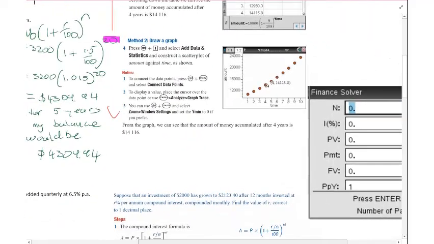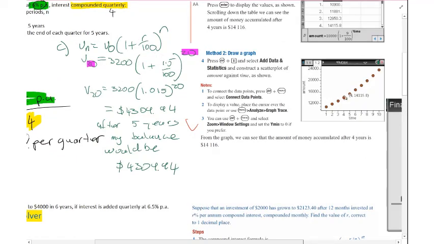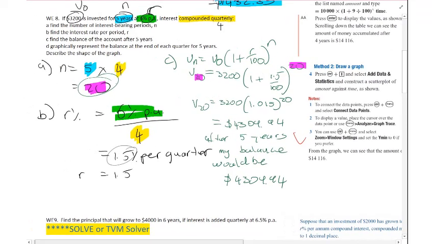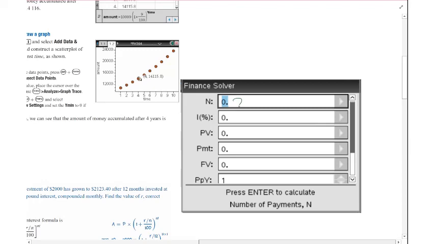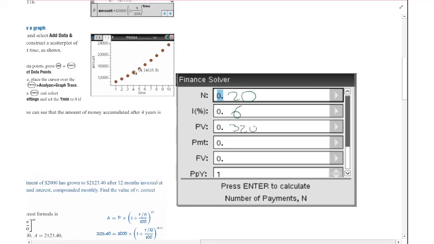A slightly different way of doing it could be to use Finance Solver, and it uses the same things we've got here. What it's saying is our N, we've actually worked it out, that's 20. Our interest is 6. And the PV, the principal value, is 3200.